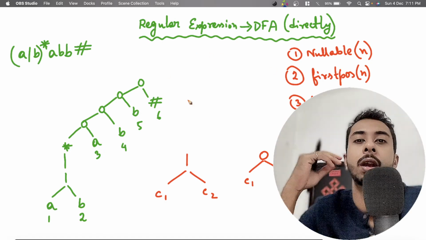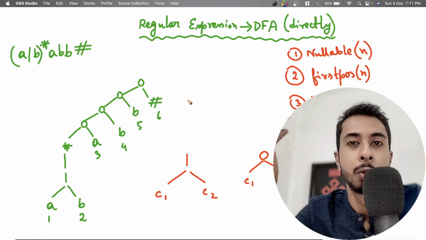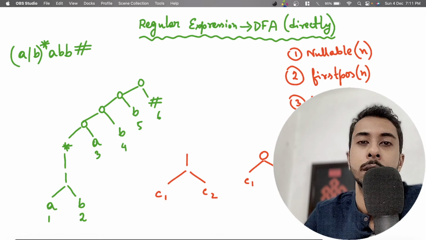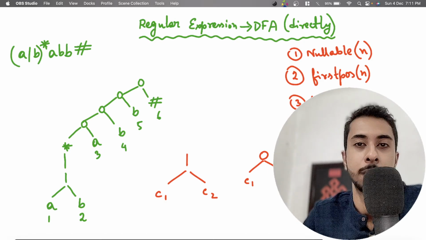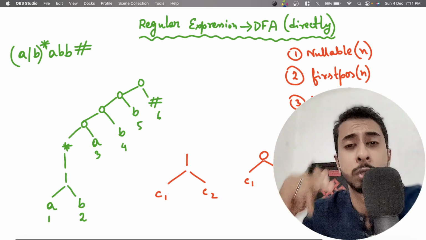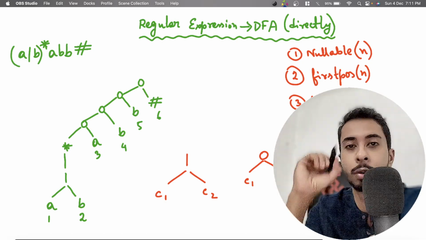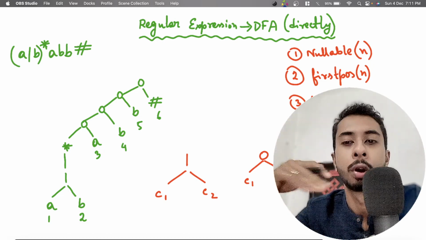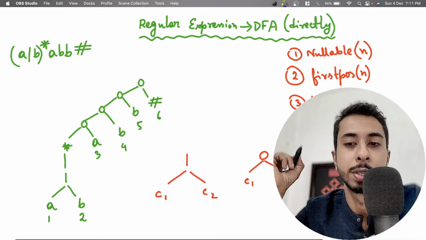Star means 0 or more occurrences in a regular expression. So 0 occurrences is possible. That is why it can be made null. If I take 1 occurrence, then it is not null, but there is a possibility that we can make the star as 0. If we consider the star to be 0, then there are 0 occurrences of the particular expression.